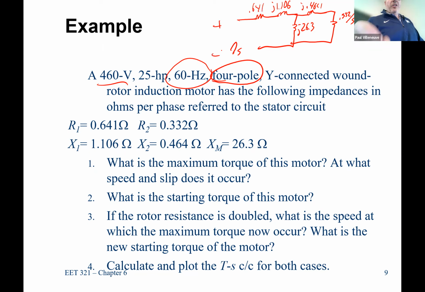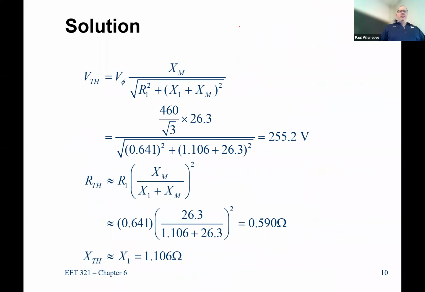My applied voltage over here is 460 divided by the square root of 3 at an angle of 0.